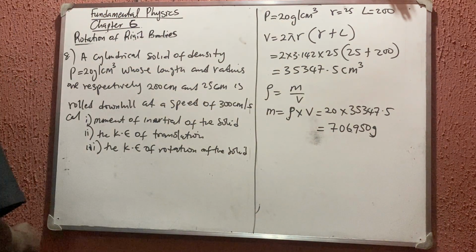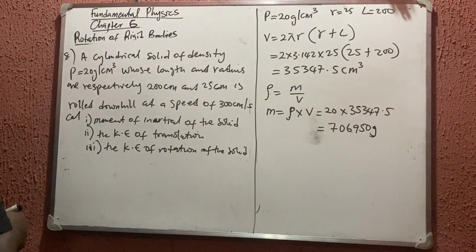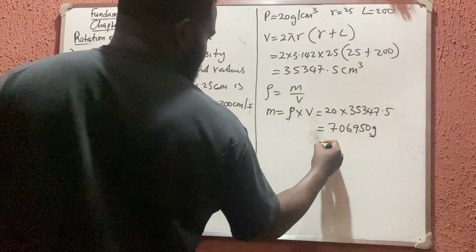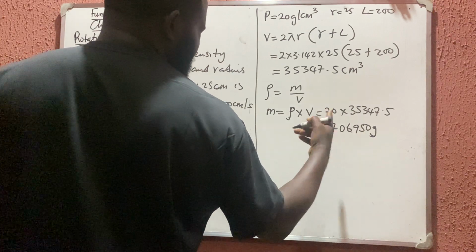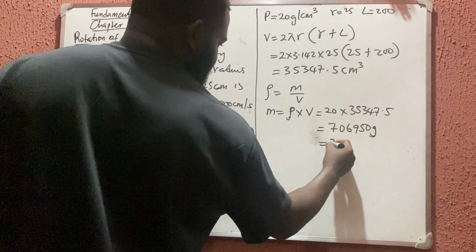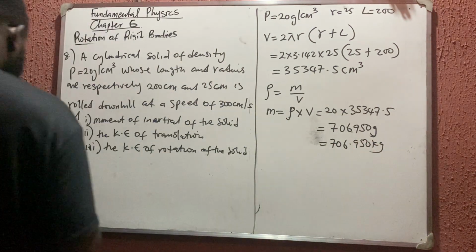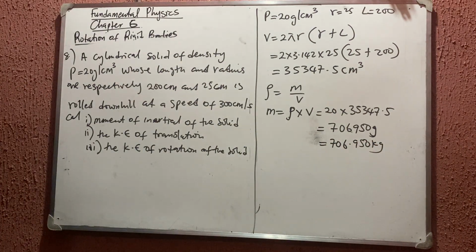To convert it to kilogram, we divide by 1000. So this is going to be 706.950 kilogram. So now, if you have gotten your mass, what else is remaining?